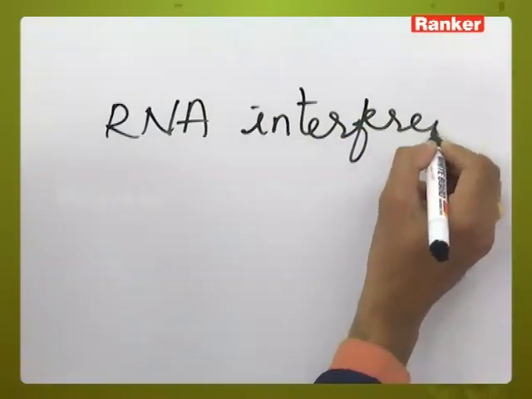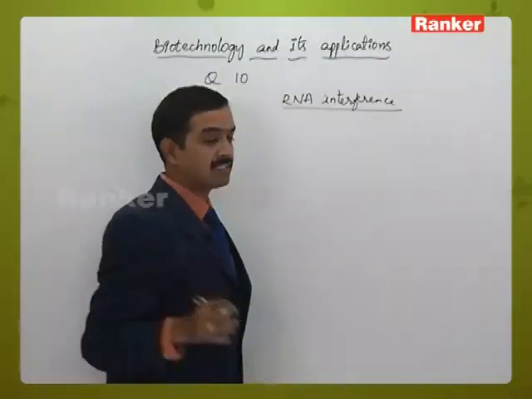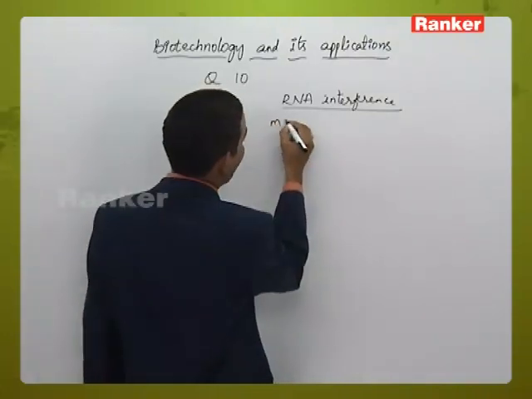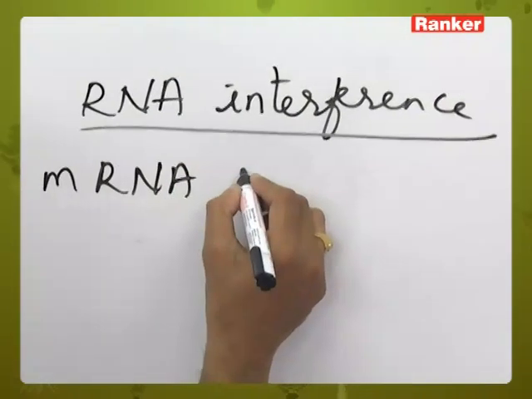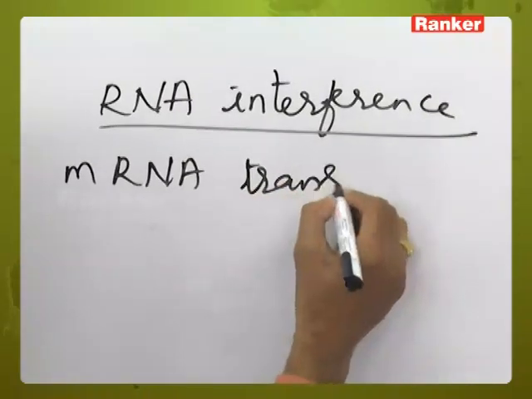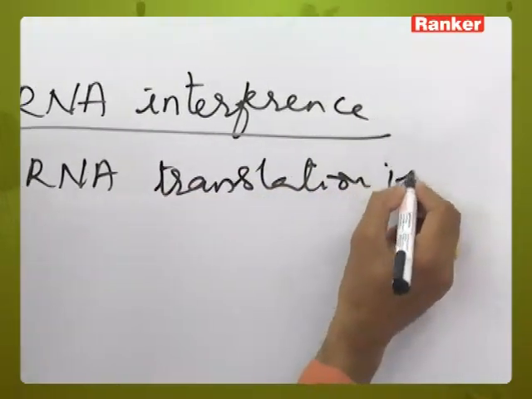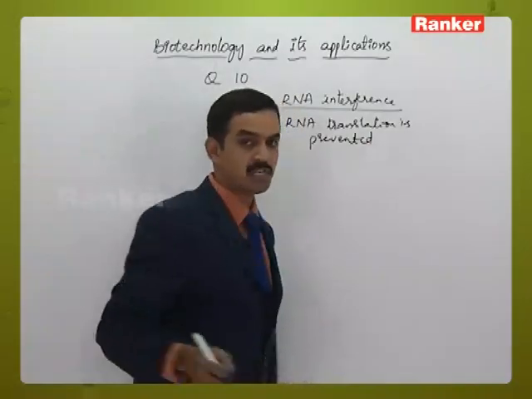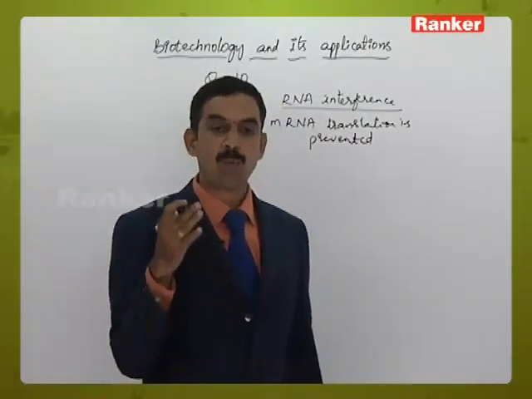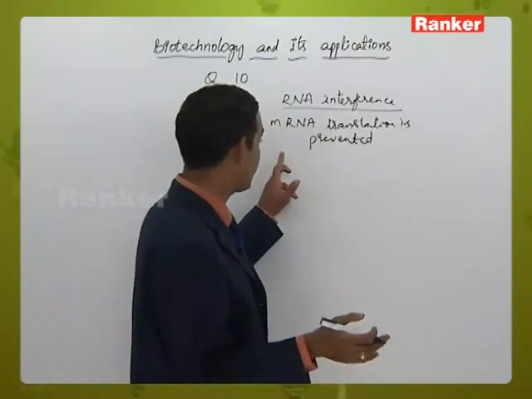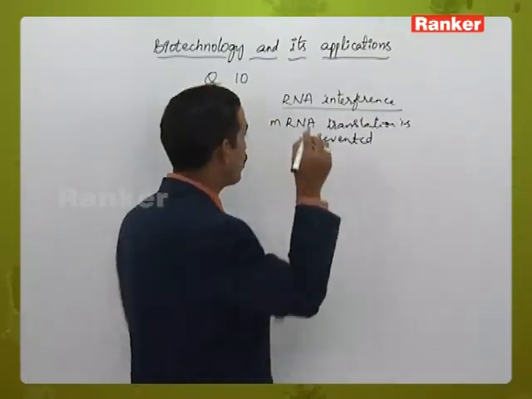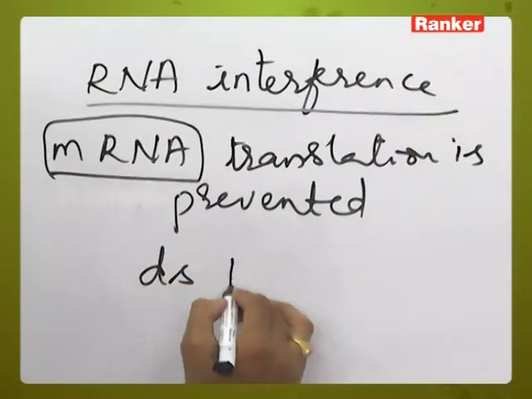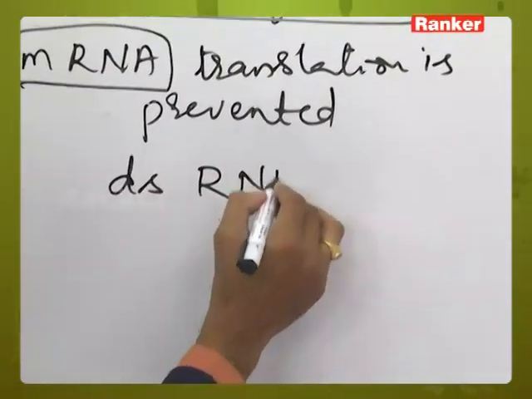So what is done during the RNA interference? That is, the translation of mRNA is prevented. So mRNA translation is prevented by a process, and it is done by introducing a single stranded complementary RNA into that organism, so that the complementary RNA goes and binds to this mRNA, and this mRNA is now converted into a double stranded RNA molecule.